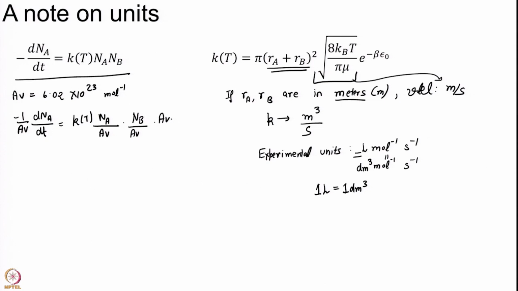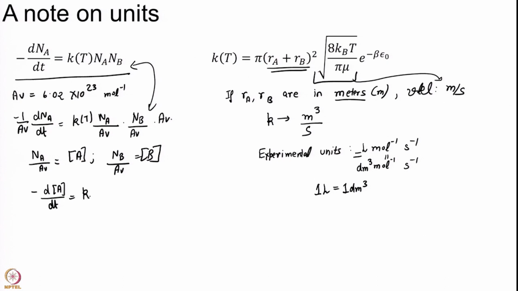You can first verify that this equation really follows from this, that is almost trivial to prove, and then note that NA over Avogadro number is equal to concentration of A, and NB divided by Avogadro number is concentration of B. So, I get minus d concentration of A by dt equal to k into Avogadro number into concentration of A into concentration of B, in the language of concentrations.